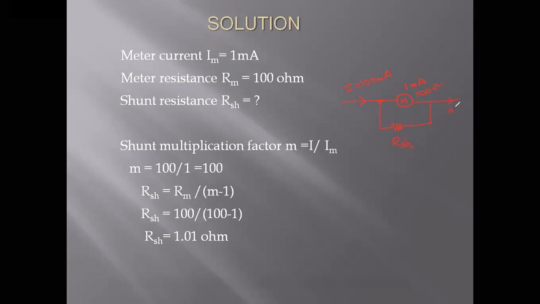Again 100 milliamperes. So what should be the shunt value in order that when 100 milliamperes current flows, the meter should show full scale deflection? That will happen when Rsh is equal to 1.01 ohms. If you compare the resistance of the shunt with the resistance of the meter, it is very, very small.